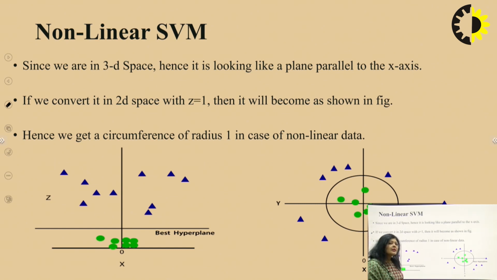Now, since we are in a 3D space, it looks like a plane parallel to the x-axis. As you can see in this figure, once we visualize the 2D data in 3D space, the features are elevated towards the upper direction. Your blue points are aggregated into the upward portion of your space, and all the green points are segregated down.